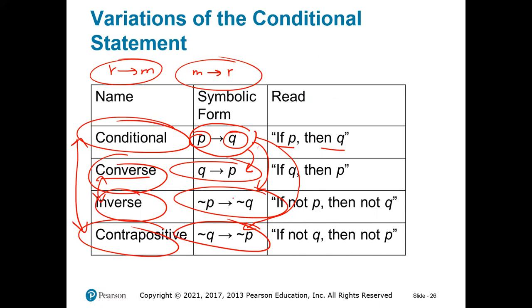It means that P implies Q is the same thing as the negation of Q implies the negation of P. For example, in real life: if it snows, then it is cold. That's true. We know that when it snows, it's cold. It's the same thing as saying, if it is not cold, it must not be snowing, which is true. If it is not cold, definitely there is no snow, because if there is snow, there is cold.